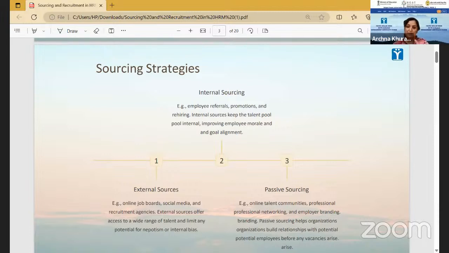And these people may not be really open for change. It is then your responsibility to convince them why they should be interested in joining your organization. That is also called passive sourcing, a very popular method of the majority of organizations or consulting firms. It is called headhunting also. Headhunting is not really a good word, so generally avoid that.